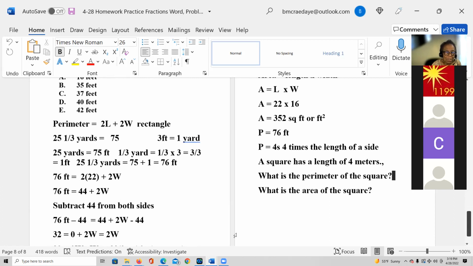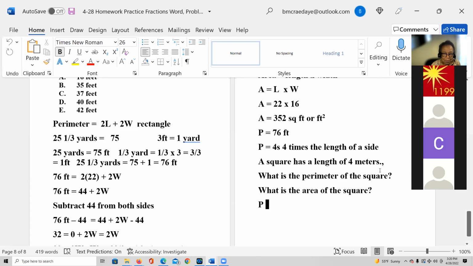So what is the perimeter of the square, Mercedes? 4 times 4. That's 4 plus 4 plus 4 plus 4, 4 times the length of a side. All the sides are equal.